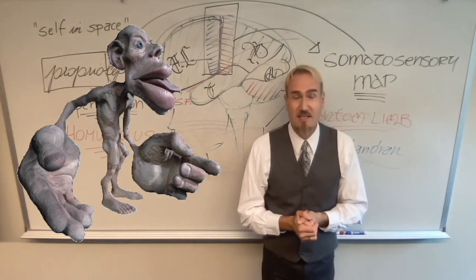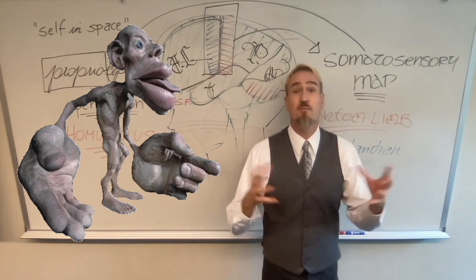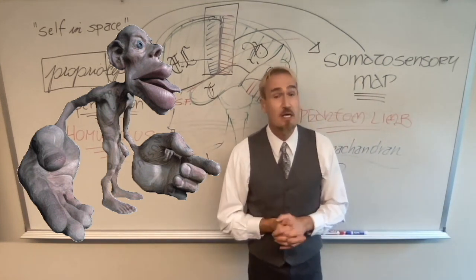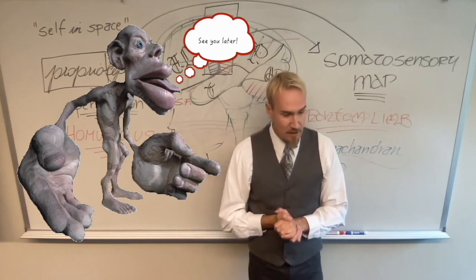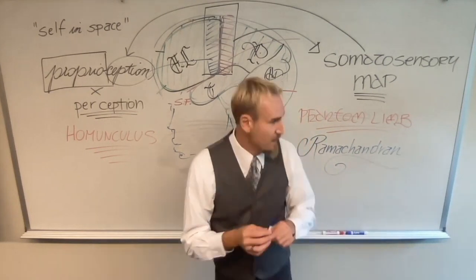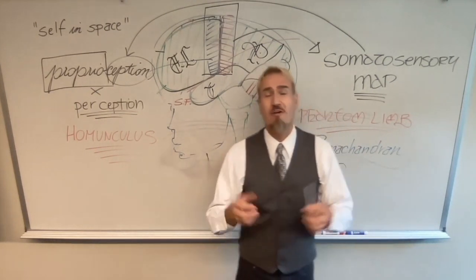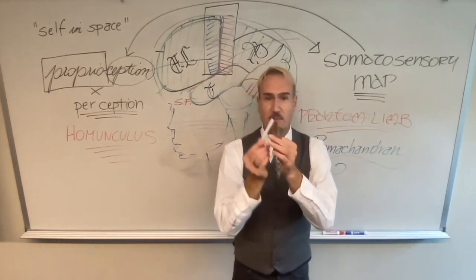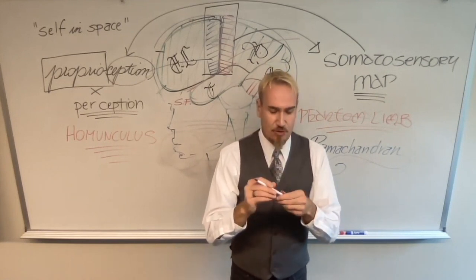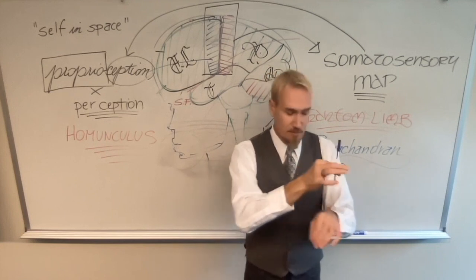So it makes sense that our ears, for instance, will be much bigger in proprioceptive terms in comparison to our elbows. You can also do this as a little example. If you grab, let's say, two ballpoint pens, or you ask a friend to have two ballpoint pens, and you put them really close to one another, and you start to gently touch the other person.